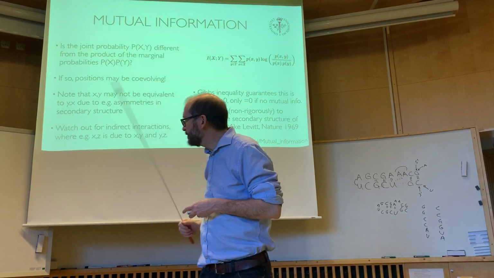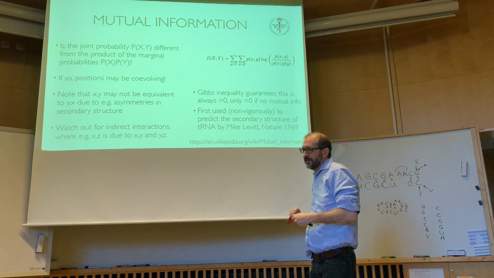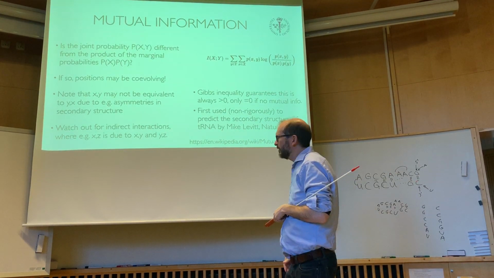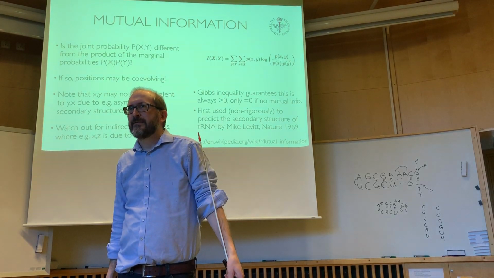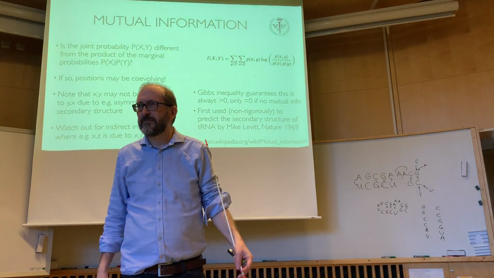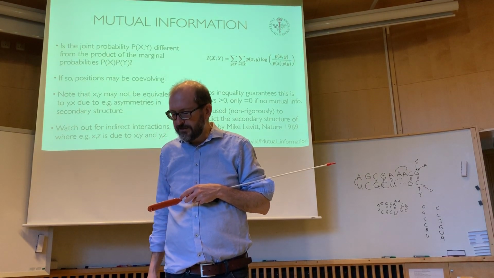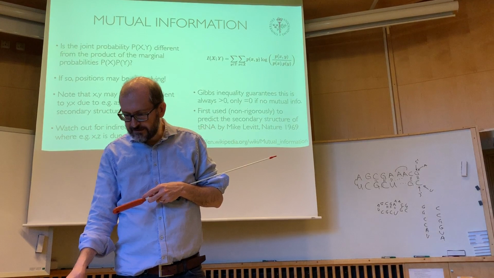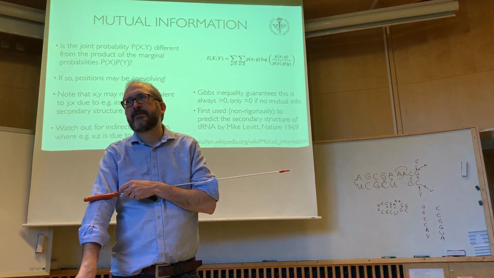Okay, and so this was first used to predict the secondary structure of tRNA by Mike Levitt in 1969, and if I recall correctly, he had 14 sequences to work with. And he more or less got the secondary structure right. And 30 years later, Robin Gutell at the University of Texas did it again with 1,300 sequences.